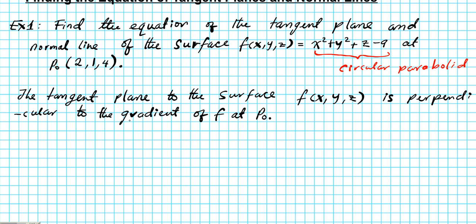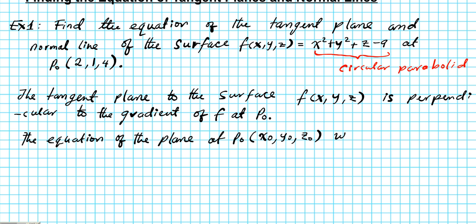All right, so let's write down the equation using this information. The equation of the plane at p sub 0, let's say p sub 0 is x sub 0, y sub 0, and z sub 0, with a normal vector to the plane.